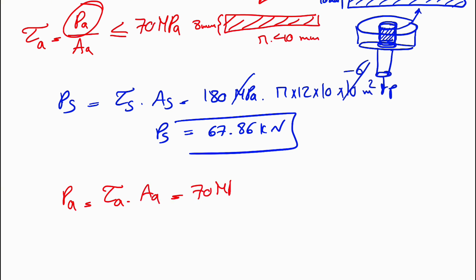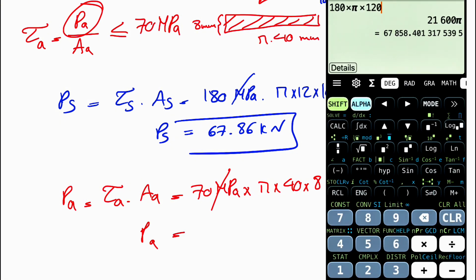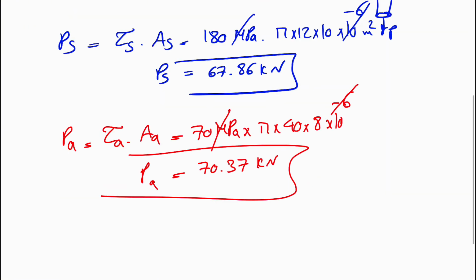This time we have 70 megapascal times the area, pi times 40 times 8, again 10 to the minus 6 in order to get it in Newton. So 70 times pi times 40 times 8 gives us 70.37 kilonewton. As we can see, we have the force in the steel 67.86 and in the aluminum 70.37.